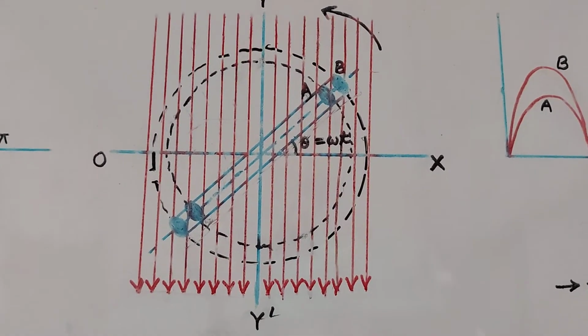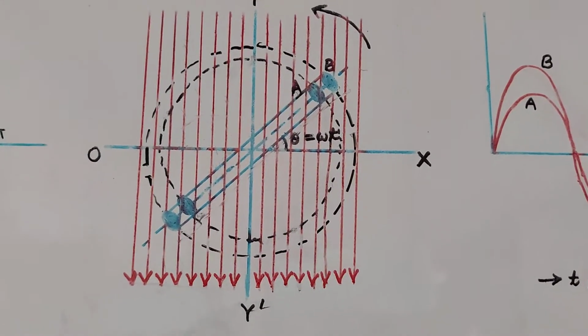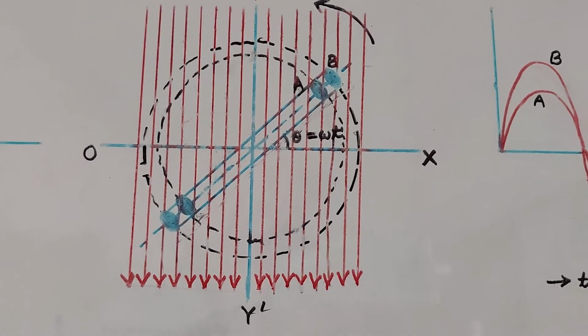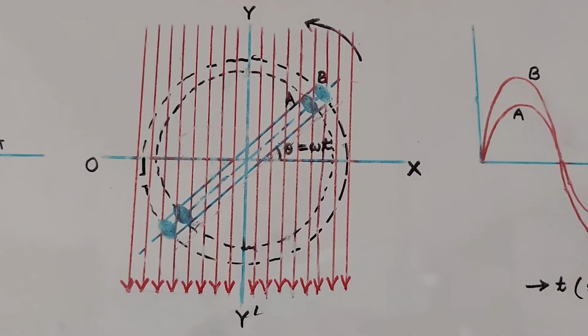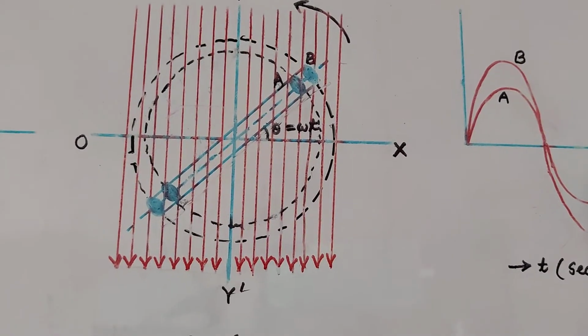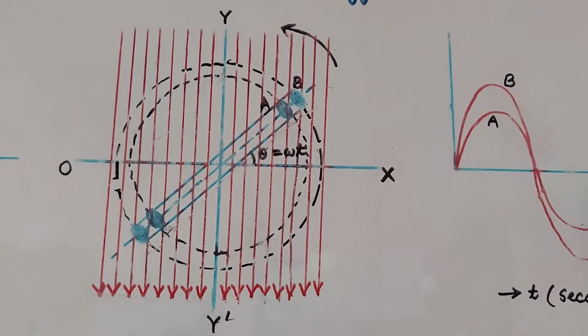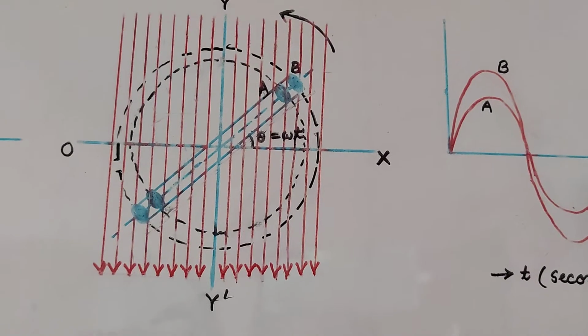Although the value of the instantaneous EMF induced in both the coils will be different, both the EMFs will reach their maximum value and zero value at the same time.